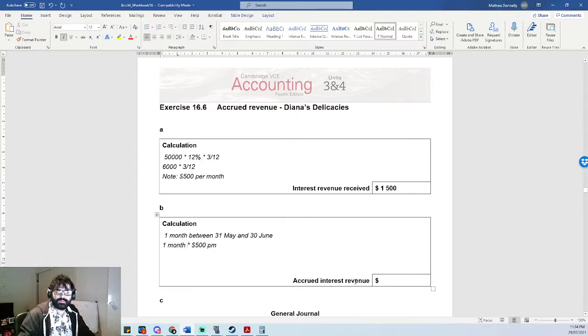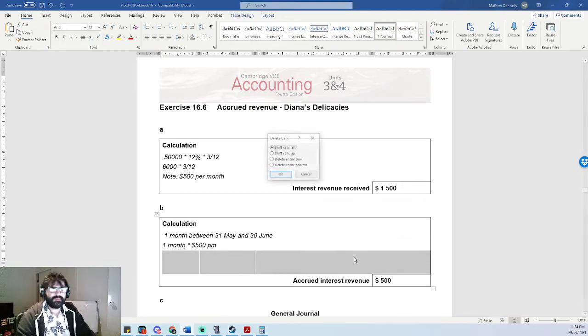And that will give you an accrued interest revenue of 500. So that's the reason I put that 500 per month here.